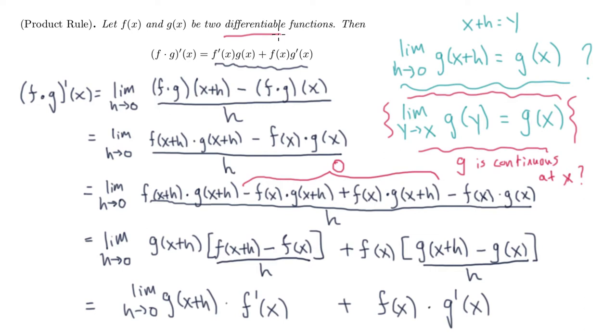And we've shown that if a function is differentiable, wherever it's differentiable, it has to be continuous there. So because g is differentiable, g is continuous, and we can really conclude that this guy is g of x, which is exactly what we want.